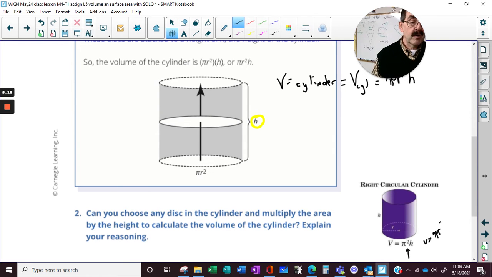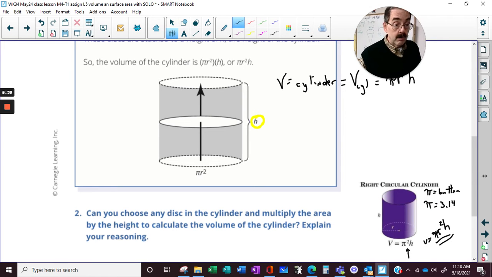Pi r squared h. And when we use pi, we can use the button, or we can estimate with 3.14, or just leave pi in the final answer, because that's what refers to the circle.